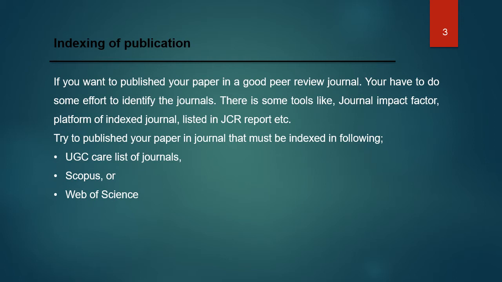It will also help you in your academic career. The journal must be Scopus indexed or Web of Science or some other, if you want to get that benefit from that particular journal or publisher. So first you have to identify these effective journals before publishing your article.